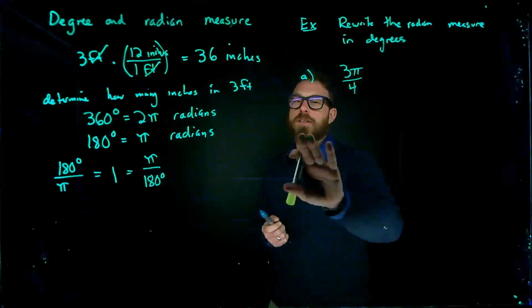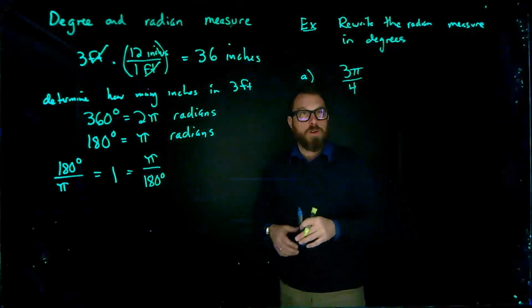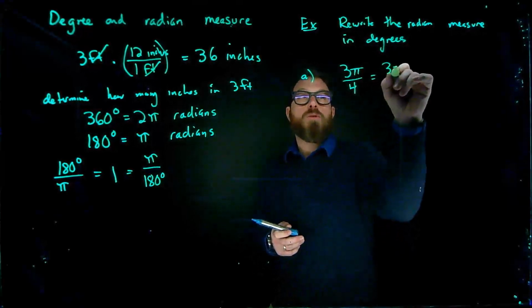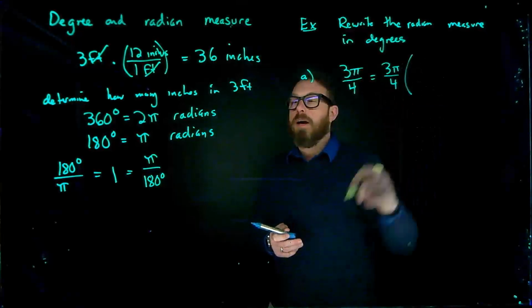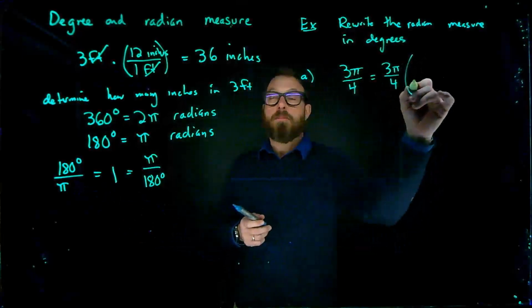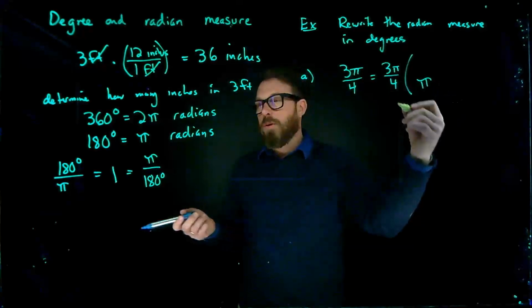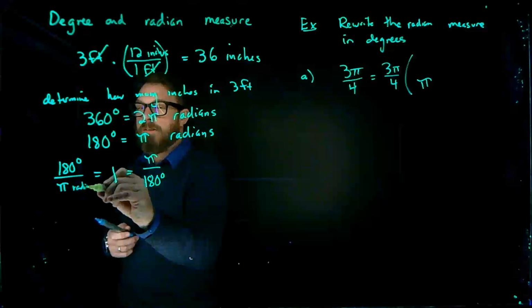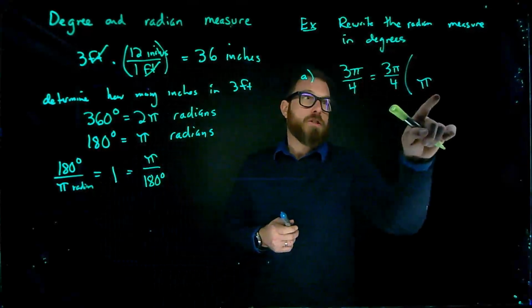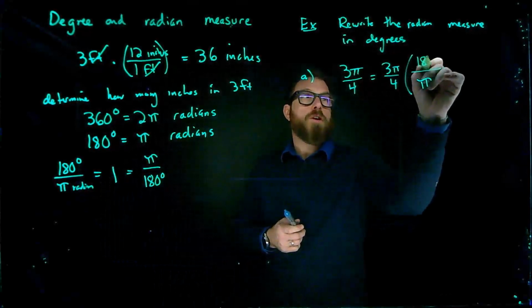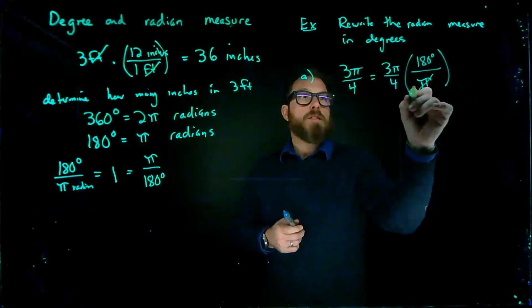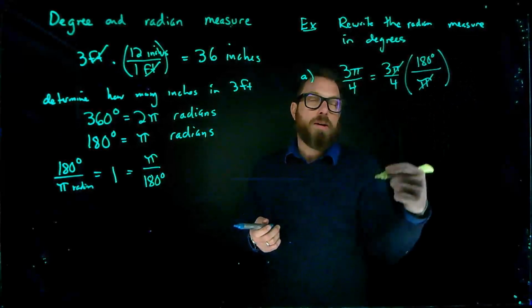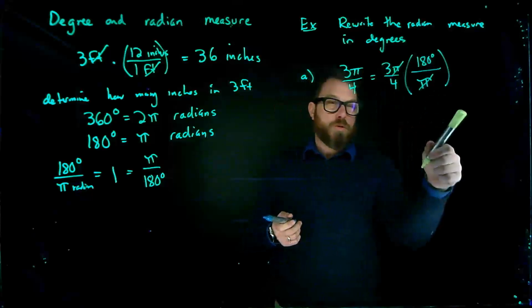So if I want this in degree measure, what I know is I'm going to take my 3 pi over 4, and I'm going to multiply this by this unit factor, because remember, I want the pi's to cancel in this case. I want the radians to cancel. So this is pi radians over 180 degrees. We can see that the radians will cancel.